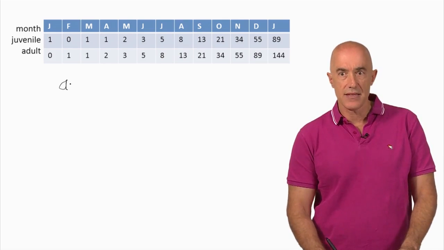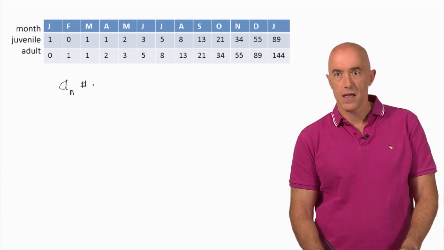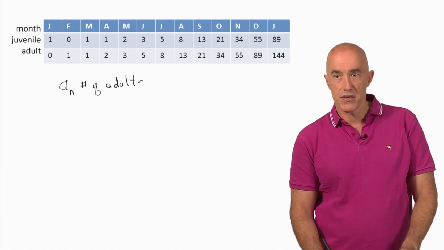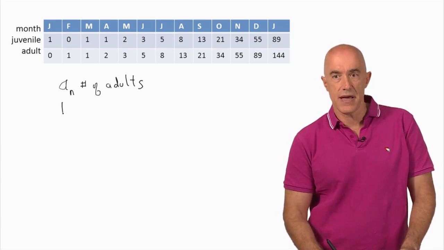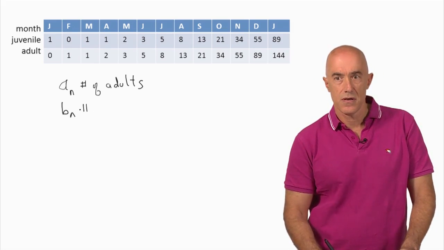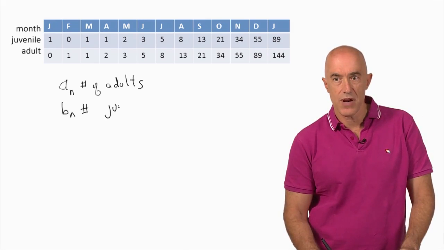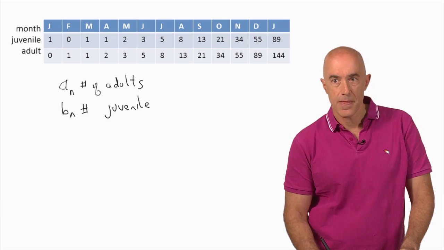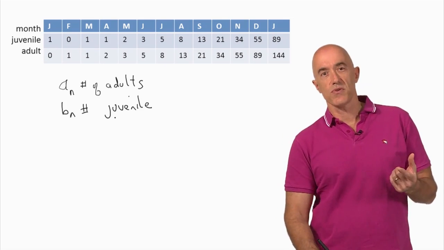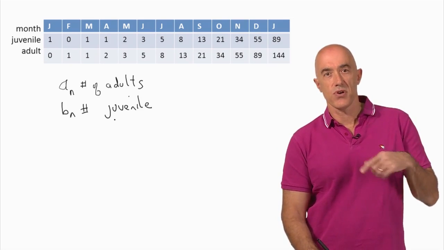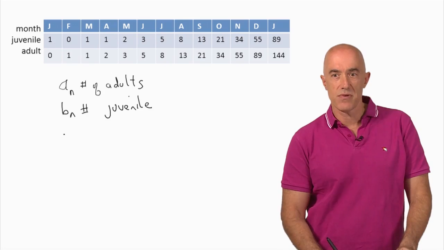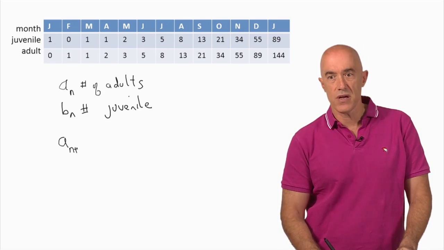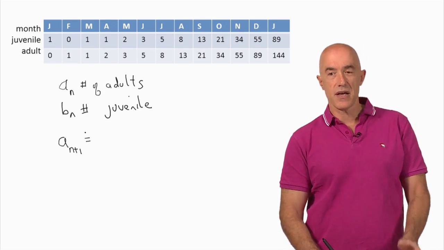A sub n is going to be the number of adult rabbit pairs, and B sub n we'll call the number of juvenile rabbit pairs. We want to write a recursion relation for the number of adult rabbit pairs and the number of juvenile rabbit pairs. So the number of adult rabbit pairs in the n+1 month, where do they come from?